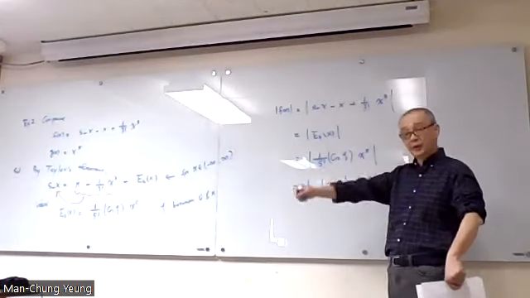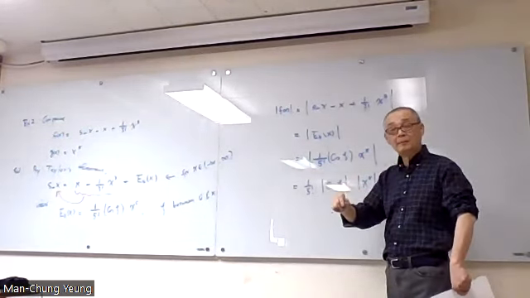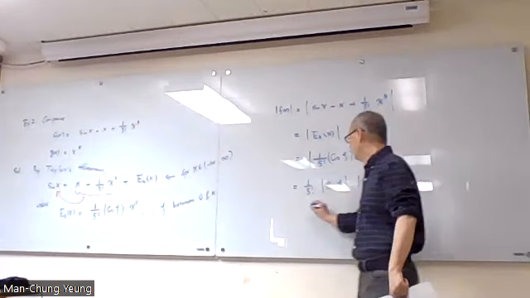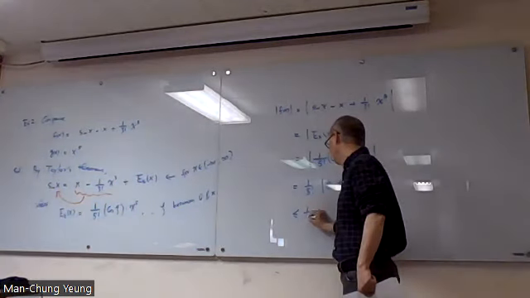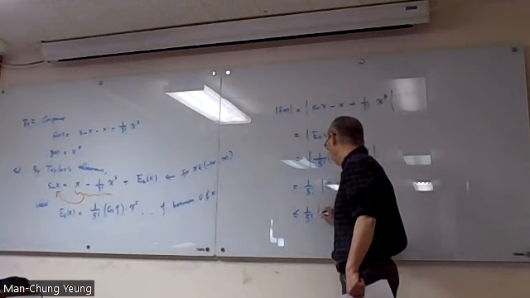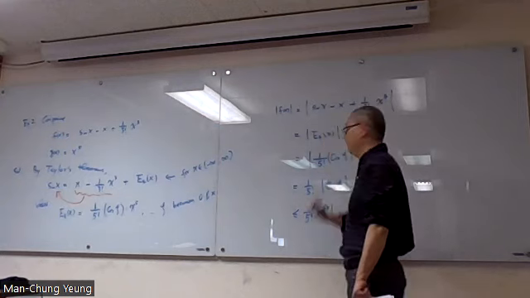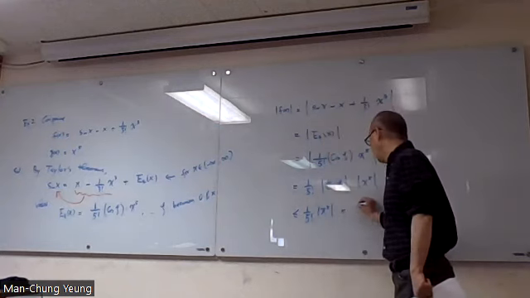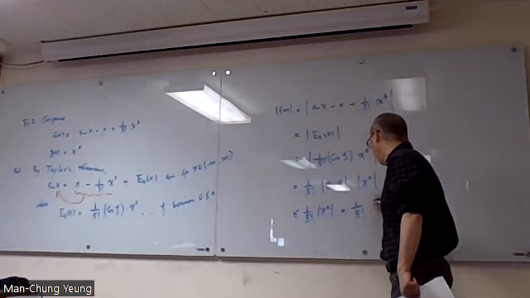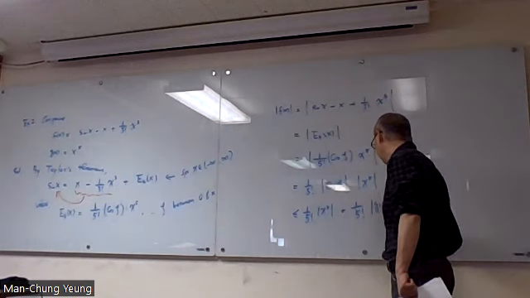Cosine is always between -1 and +1, so this is less than or equal to some constant times function g.